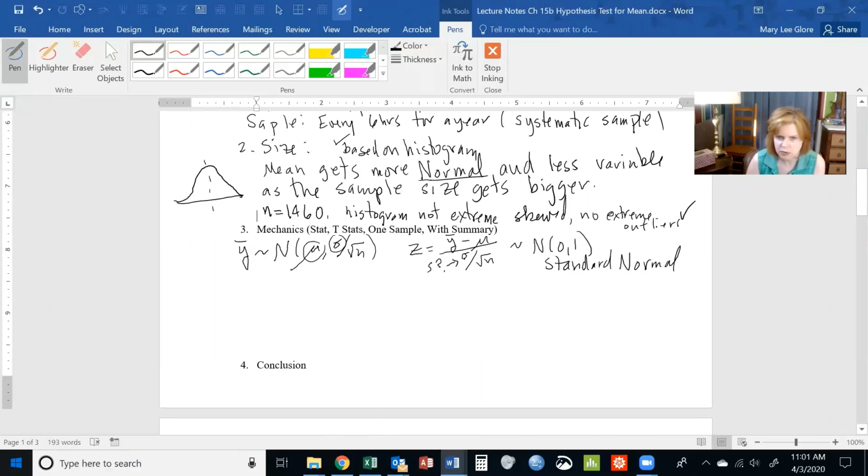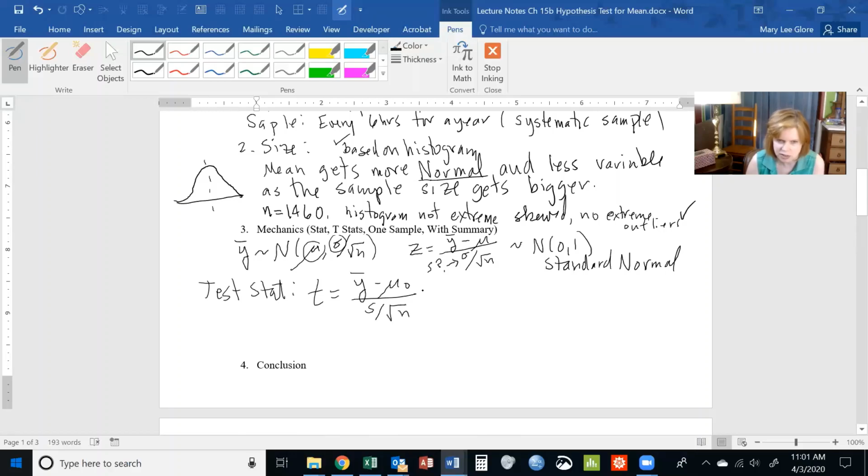But when I replace sigma with S, I no longer have a Z, I have a T. So my test statistic, this is T. It's not quite this, we're almost done. I'm going to take this sigma, replace it with an S, and divide by the square root of n.